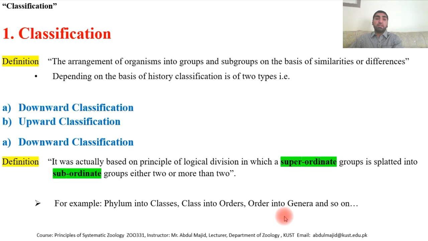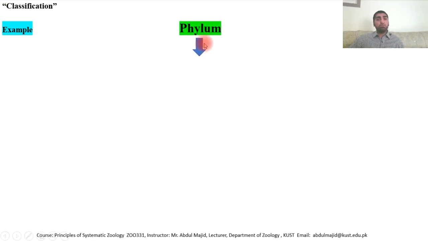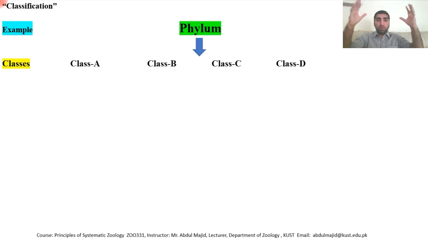Let's take an example. It is not a real example, just a dummy example. For example, there is a phylum, whatever its name is, let's say phylum XYZ. Then you divide this huge group into smaller groups.